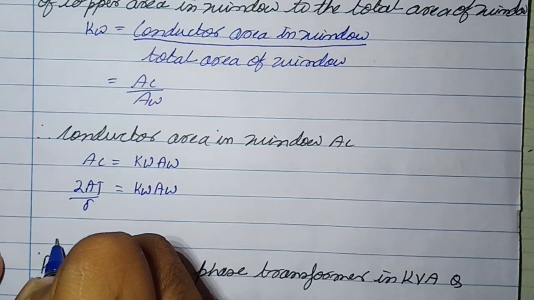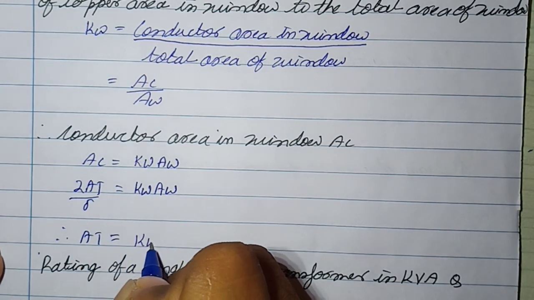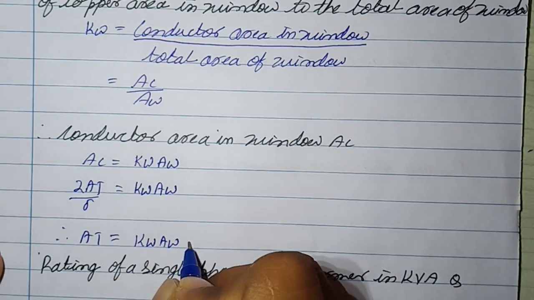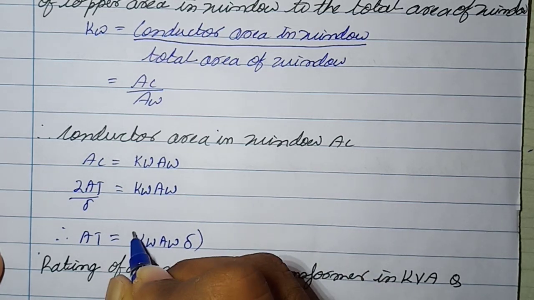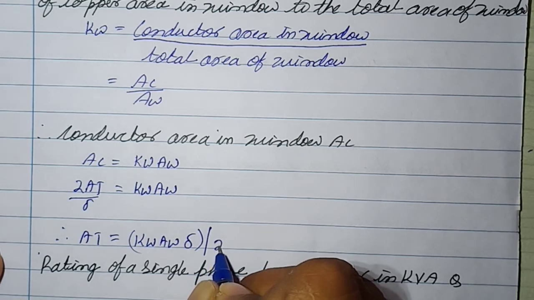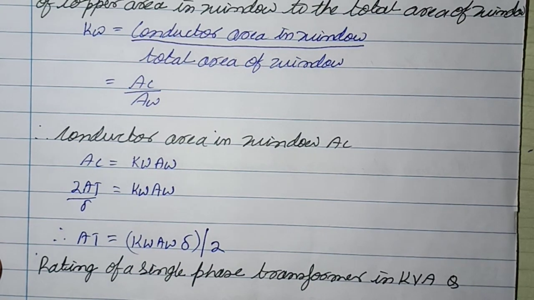Therefore AT will be equal to KW AW into delta, whole divided by 2. This is the equation we have, KW AW delta by 2.